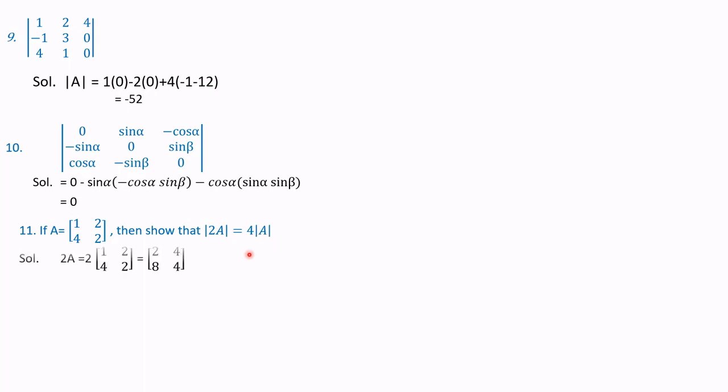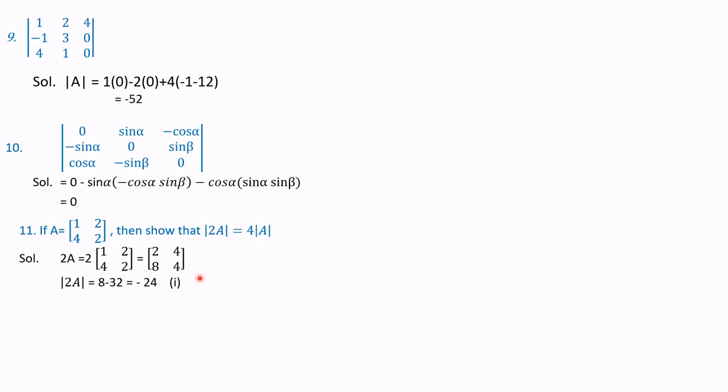So first we will find out 2A. What is 2A? 2 into A is scalar multiplication of matrix A. Therefore, it becomes 2, 4, 8, 4.